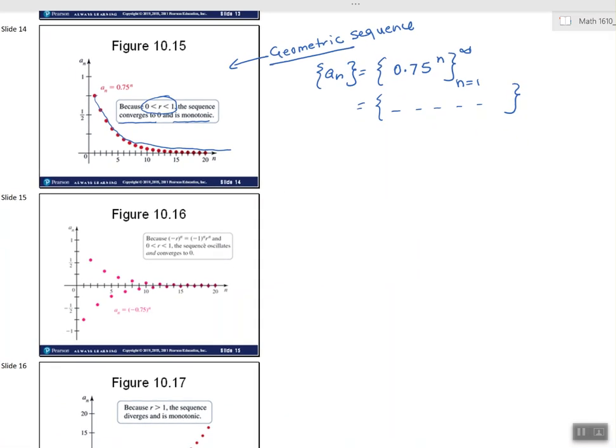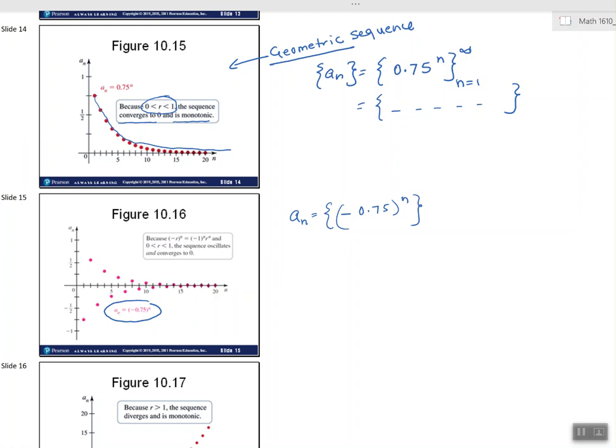On the other hand, if we have this one, negative 0.75 raised to the power n.